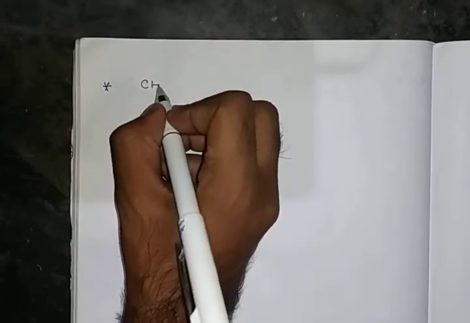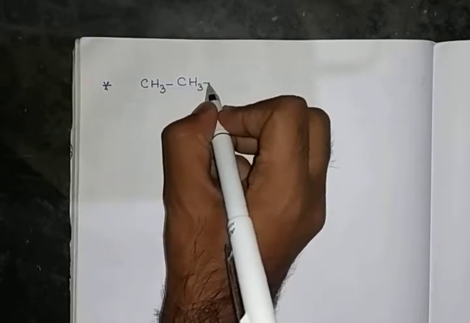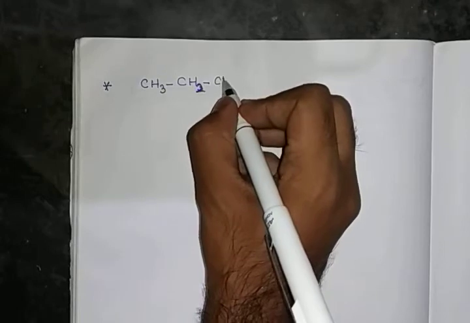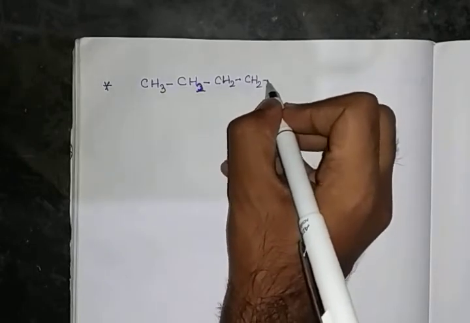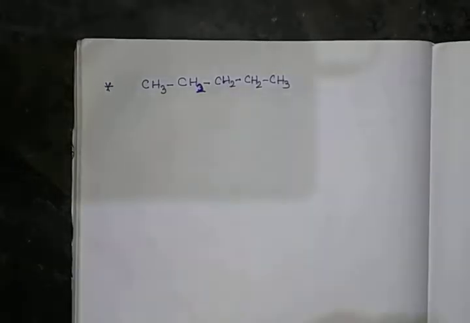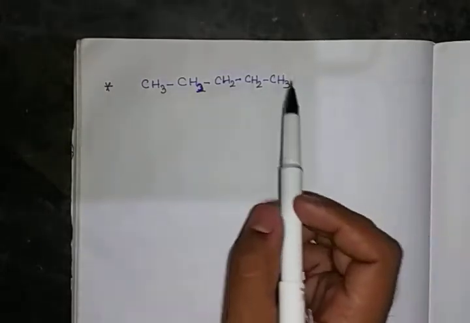First thing, let me write a structure of a compound. This compound. Till now in your 10th level you have done the IUPAC nomenclature of this type of compound. Let's see what is the name for this one.